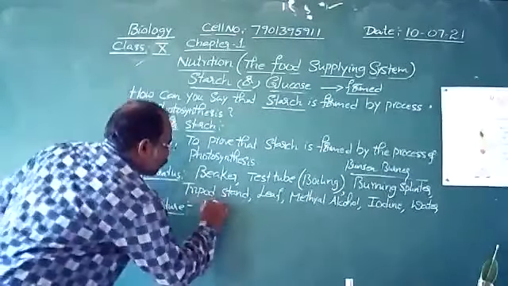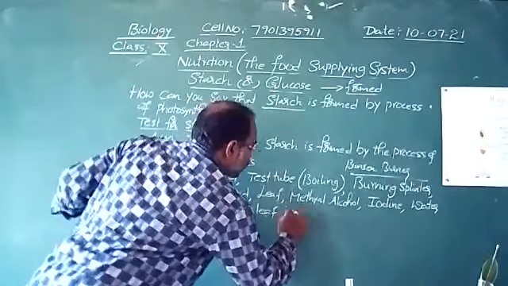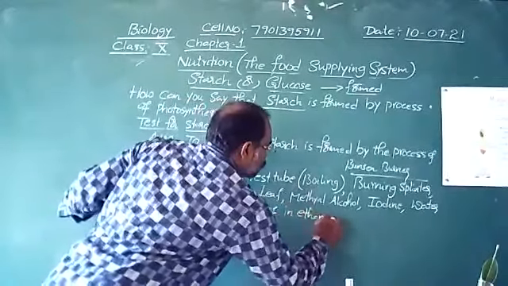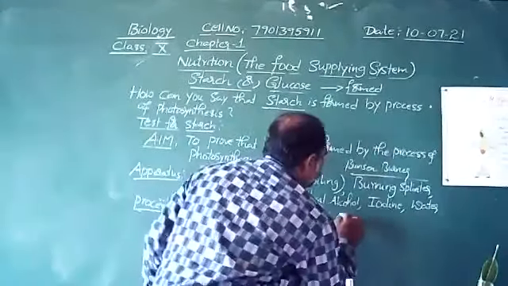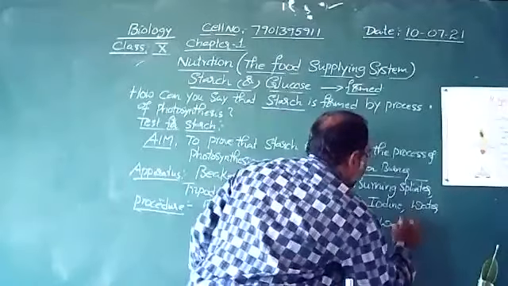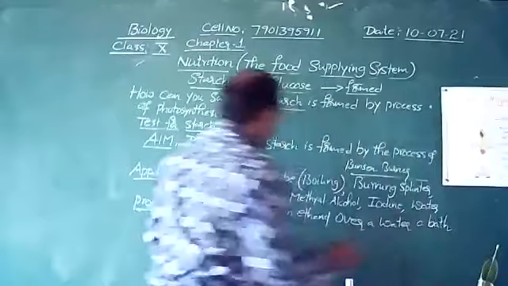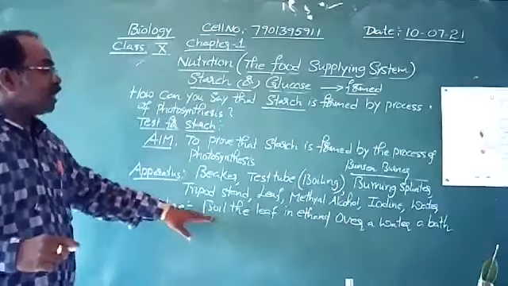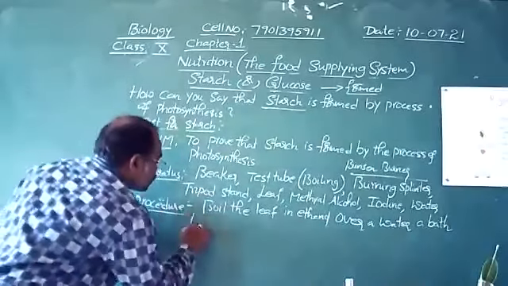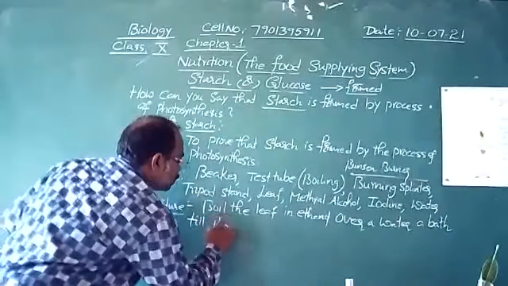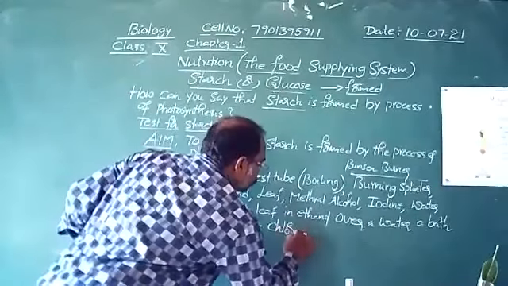First, boil the leaf in ethanolic solution over a water bath till it loses chlorophyll.